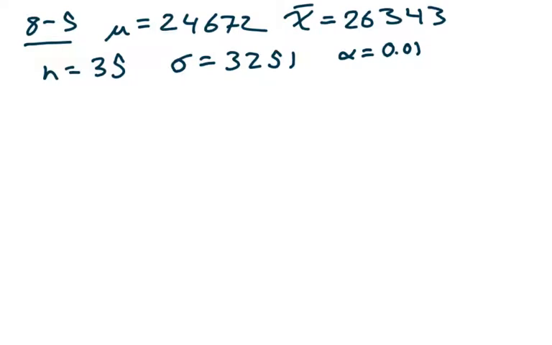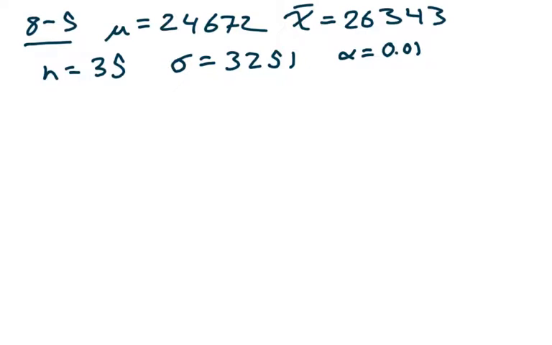The standard deviation of the population is $3,251, and then at alpha equals 0.01, can it be concluded that the average cost of stroke rehabilitation at this particular hospital is different from $24,672?